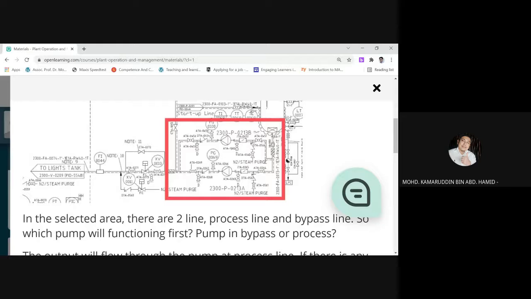Azhar pilih 75. Korang ni mentang-mentang 75 tu besar, kena ingat temperature pressure dia akan tinggi lah. We are talking about efficiency now. Generico 50.